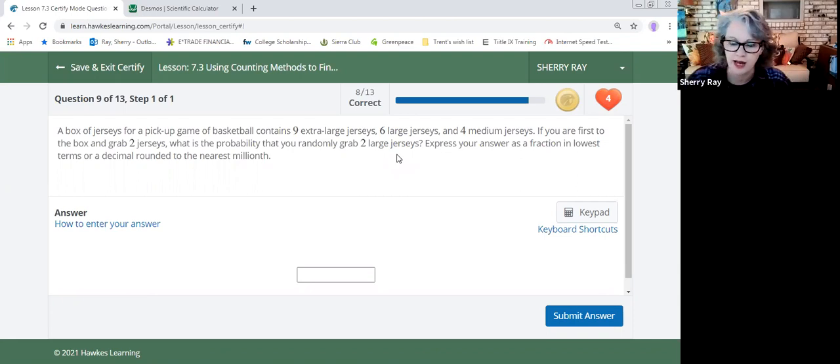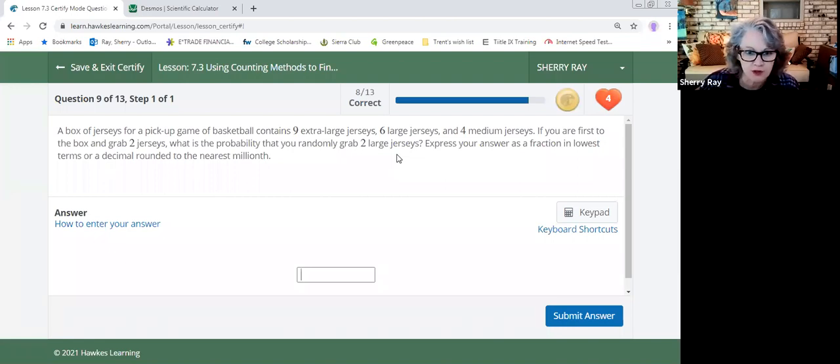So let's count how many jerseys we have total. I have 19 total, and I am going to choose 4 of those jerseys. This is kind of like the problem earlier with the committee and how many teachers, I think, the first one.